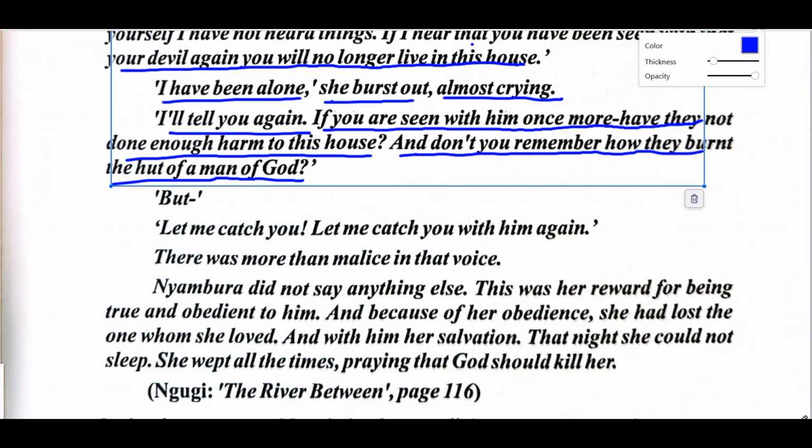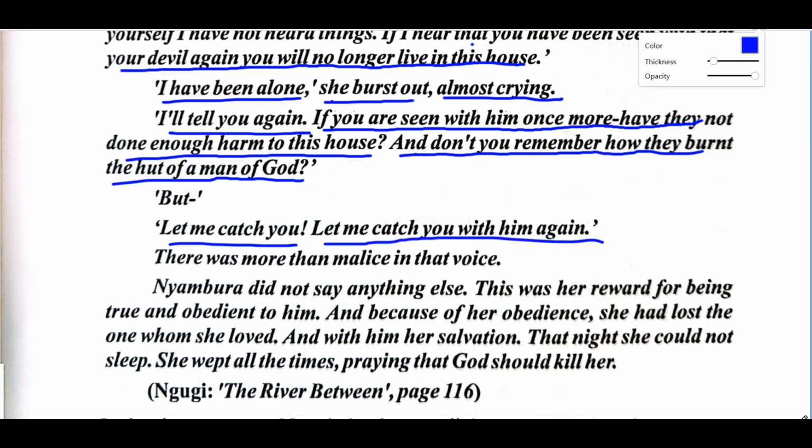But let me catch you. Let me catch you with him again." There was more than malice in that voice. Nyambura did not say anything else. This was her reward for being true and obedient to him. And because of her obedience, she had lost the one whom she loved, and with him her salvation. That night she could not sleep. She wept all the time, praying that God should kill her.